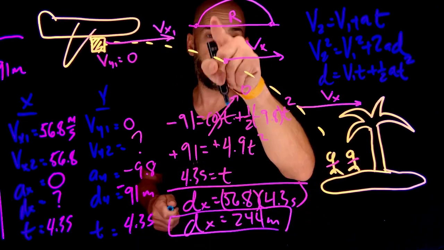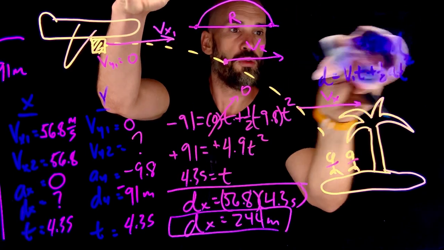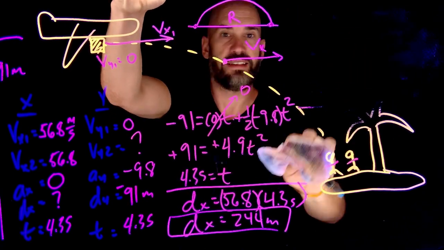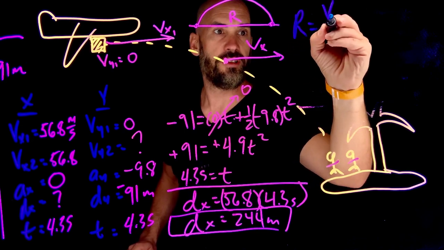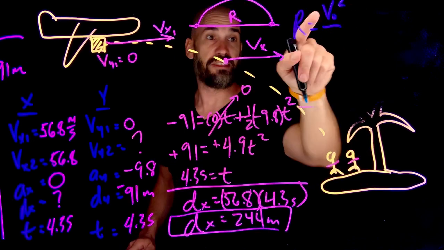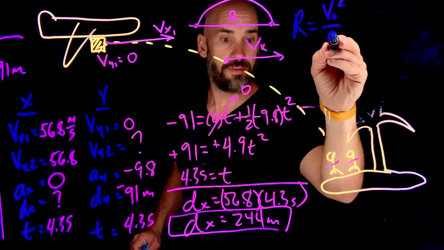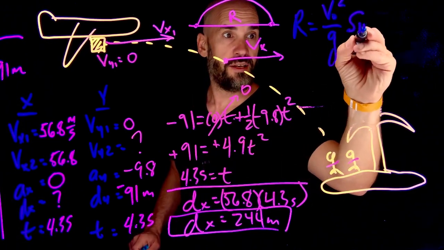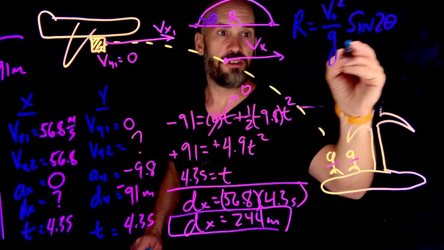If this is the situation happening, in other words, you are launching and landing at the same height, then R is always just your initial velocity, not the component, but the actual magnitude of your initial velocity, squared, divided by gravity, times sine of twice the angle that you're launching at.